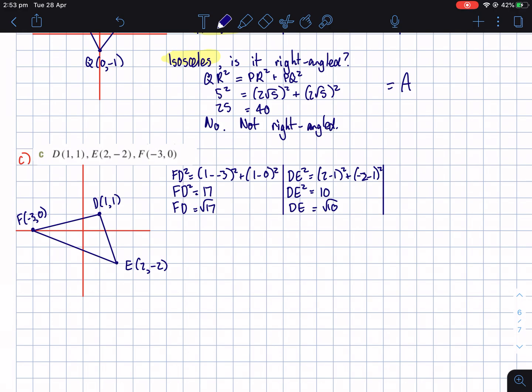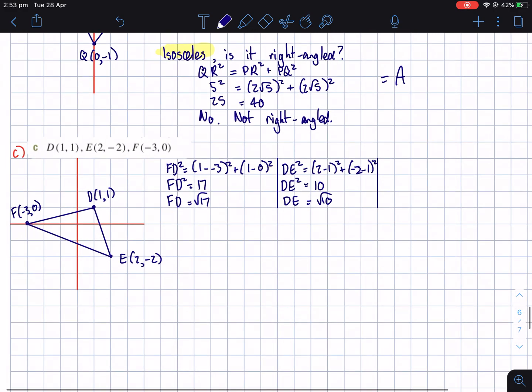And finally, we've got EF squared, which is going to be -3 take 2 squared plus 0 take -2 squared, 5 squared plus 4 squared, 29.